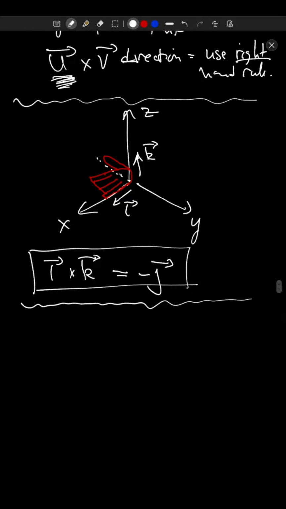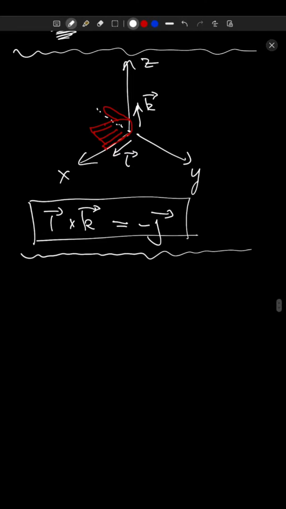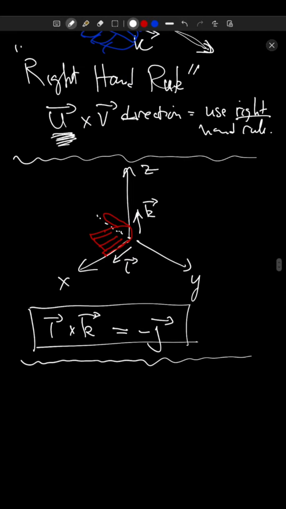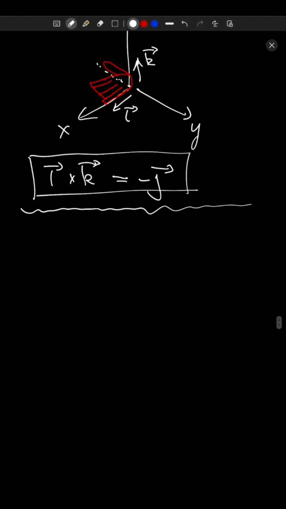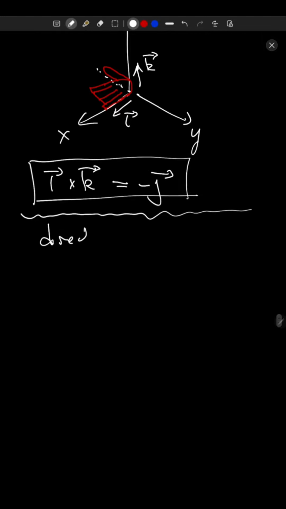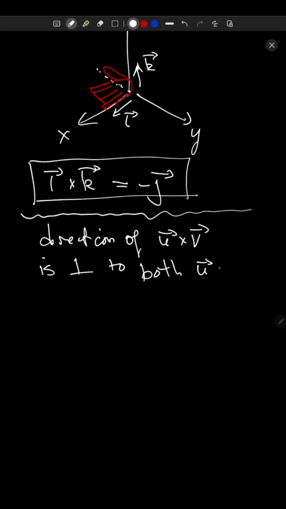But before we do that, let's talk about a potential issue. The direction of U cross V is perpendicular to both U and V, right?